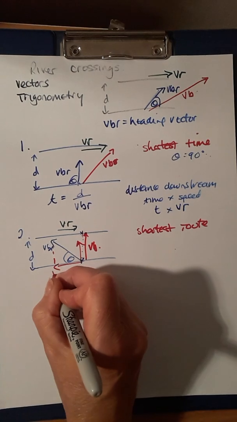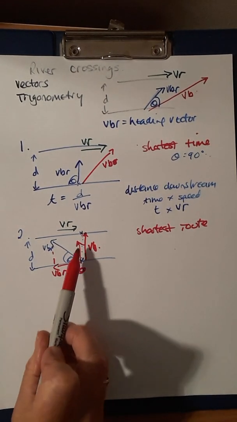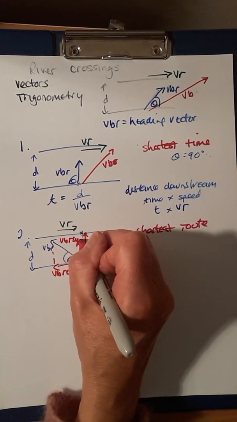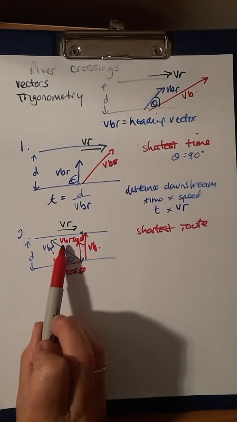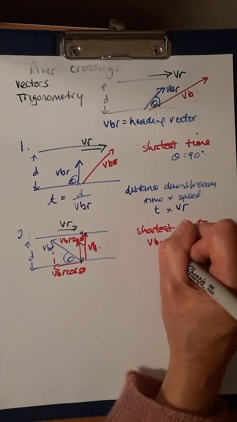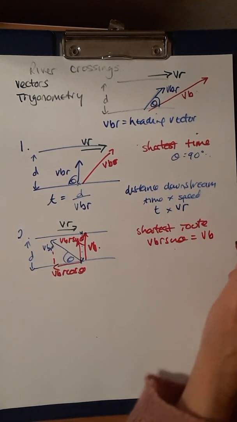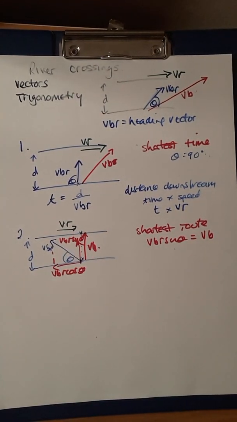So this one will be VBR cos theta, and this one will be VBR sine theta. And you can see now, in this particular case, the VBR sine theta and the VB are the same. They will have the same value because I'm crossing by the shortest route.